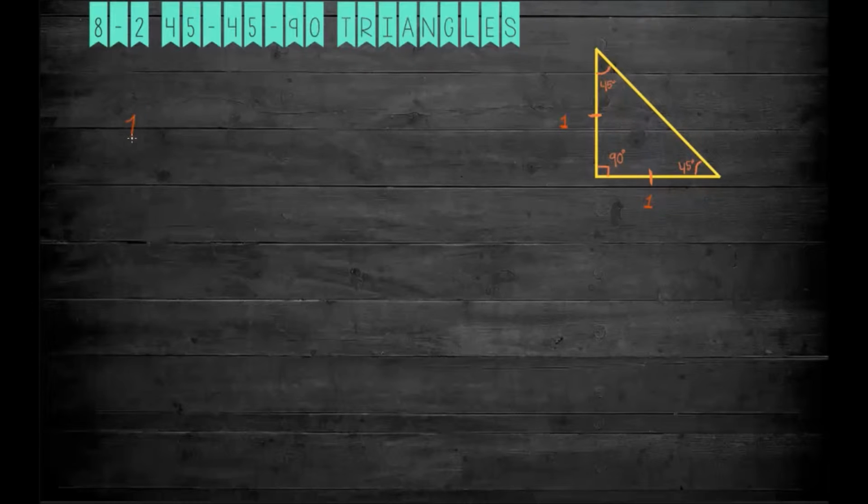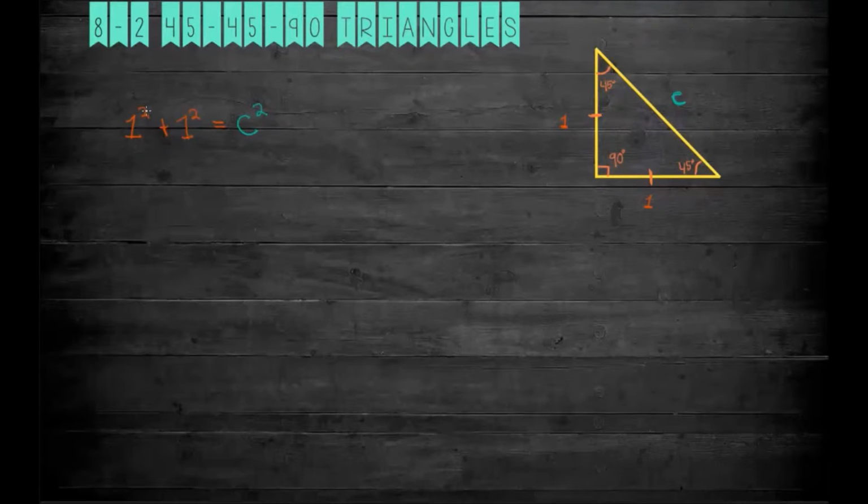So we know that 1 squared plus 1 squared has to equal, let's go ahead and let this side be c, because that's the Pythagorean theorem. That's going to be c squared.